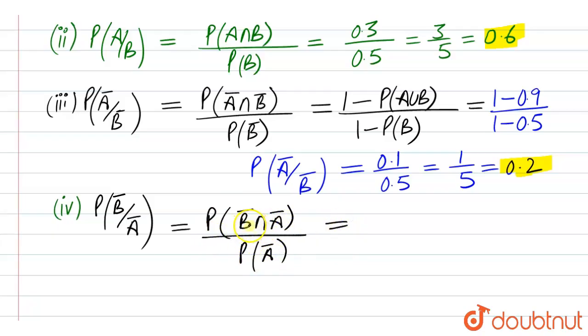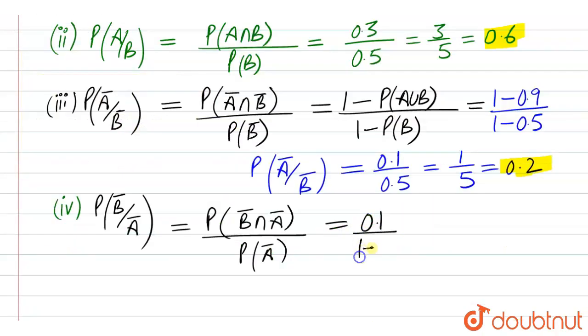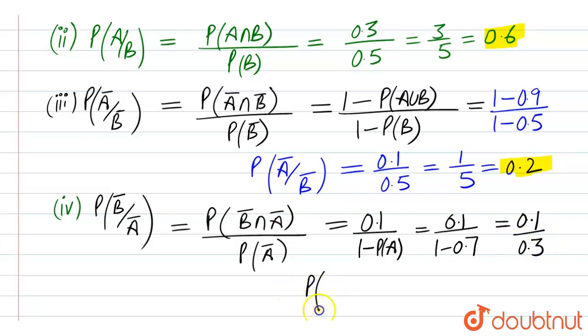Probability of B complement intersection A complement is the numerator part here, which is 0.1, and probability of A complement would be 1 minus 0.7, 1 minus probability of A. So this is 0.1 divided by 1 minus 0.7. This becomes equal to 0.1 divided by 0.3. So we get probability of B complement by A complement is equal to 1 by 3.